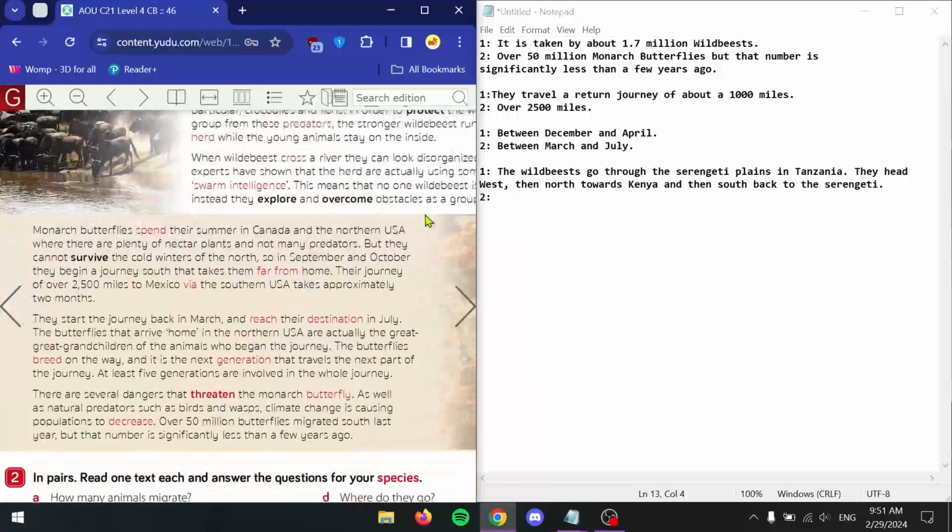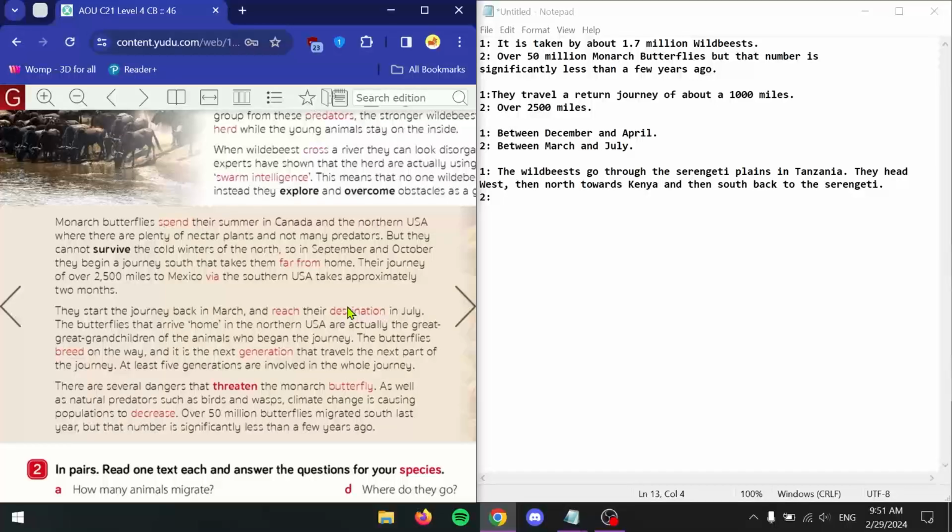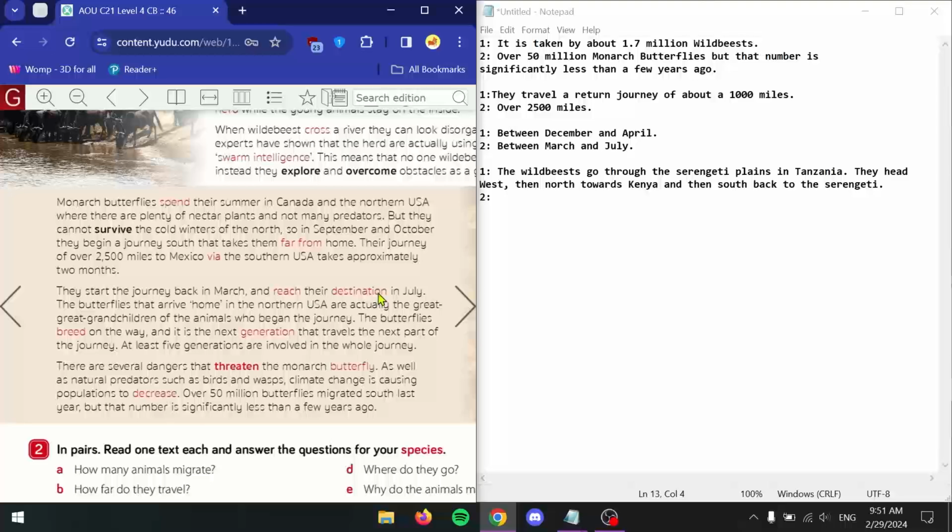For the second part, let's take a look at the butterflies. Okay, so they arrive home in the northern USA. No, that's who comes back. Okay, there you go. So it's from the northern USA to the southern USA to Mexico and then back to the northern USA.